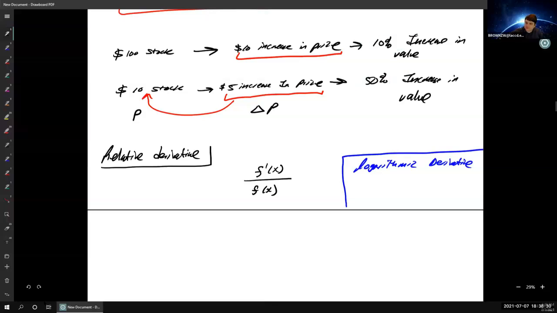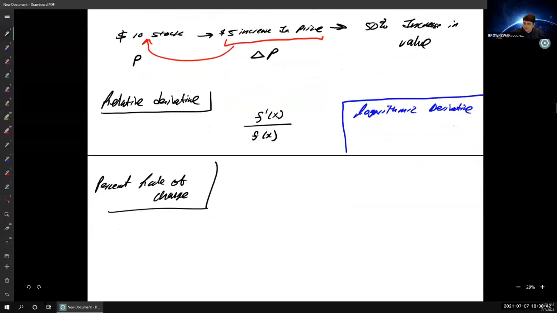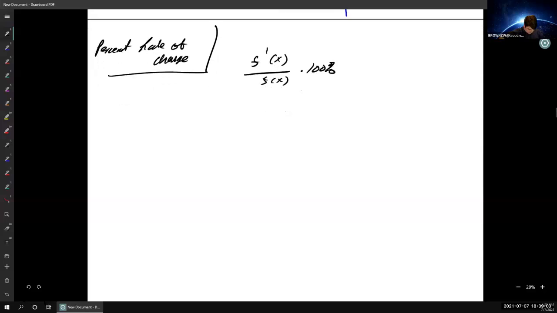So anytime you're asked to find the percent rate of change, that's just going to be the exact same thing times 100%, which is turning whatever that decimal is into a percentage.